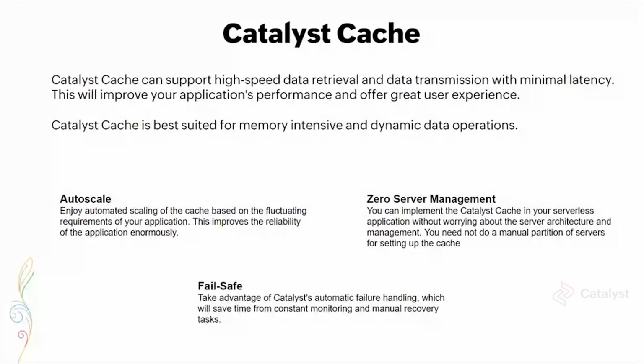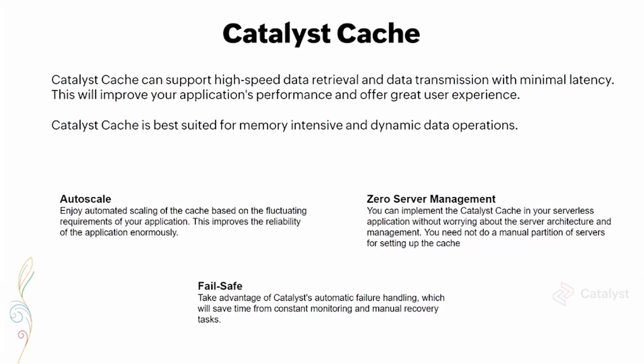The cache in Catalyst can support high-speed data retrieval with minimal latency. It's best suited for memory-intensive and dynamic data operations. The auto-scale part in cache helps you in scaling up automatically and scaling back down with fluctuating requirements in your application.